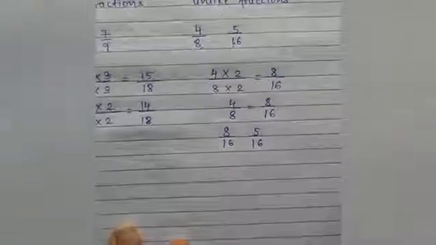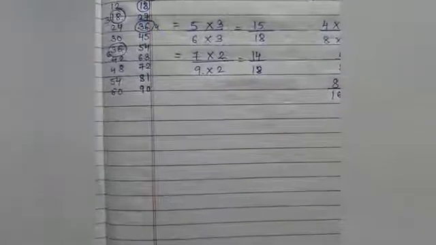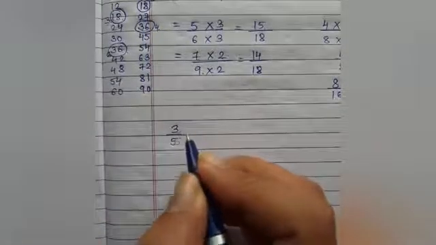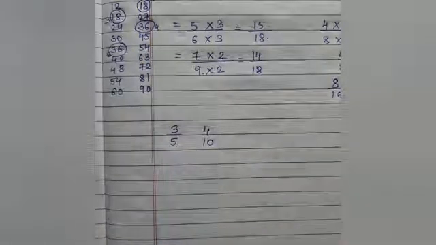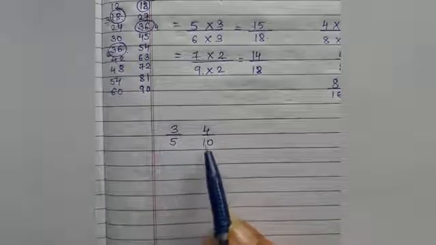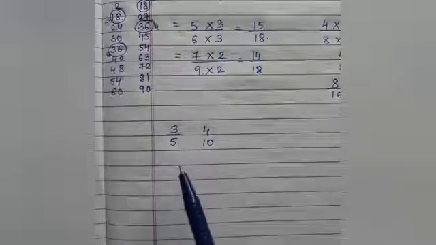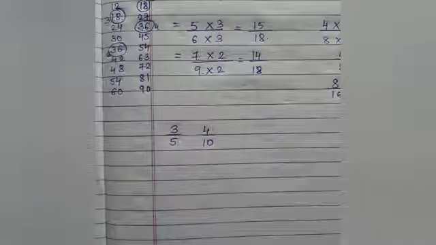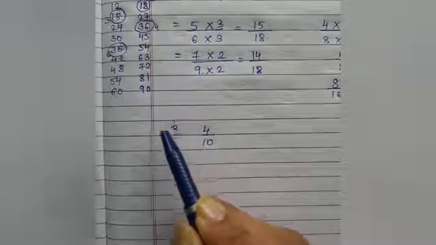Now, in the next example, the fractions will be 3 upon 5 and 4 upon 10. In these fractions, after observing the denominators, we see that in the table of 5, 10 appears. So, we are going to convert the first fraction.